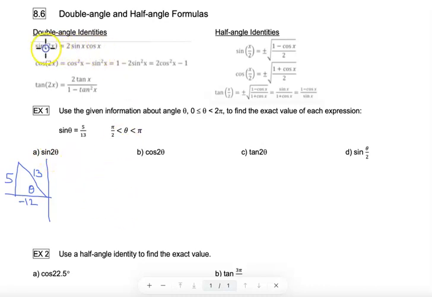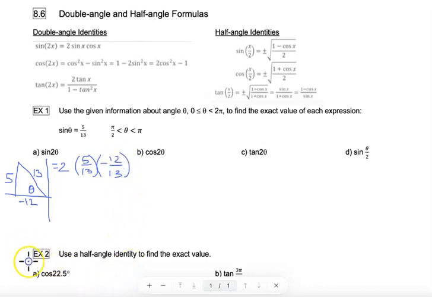The double angle for sine only has one choice, so that narrows down our options. So we're going to go ahead and do 2 times sine of theta, which was given to us, 5 over 13, times cosine theta, which we can calculate. Now that we have the triangle labeled, adjacent over hypotenuse would be negative 12 over 13.